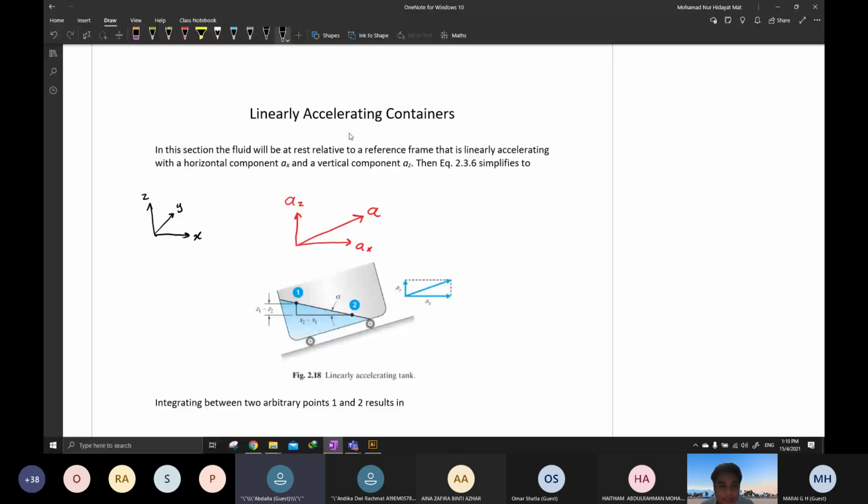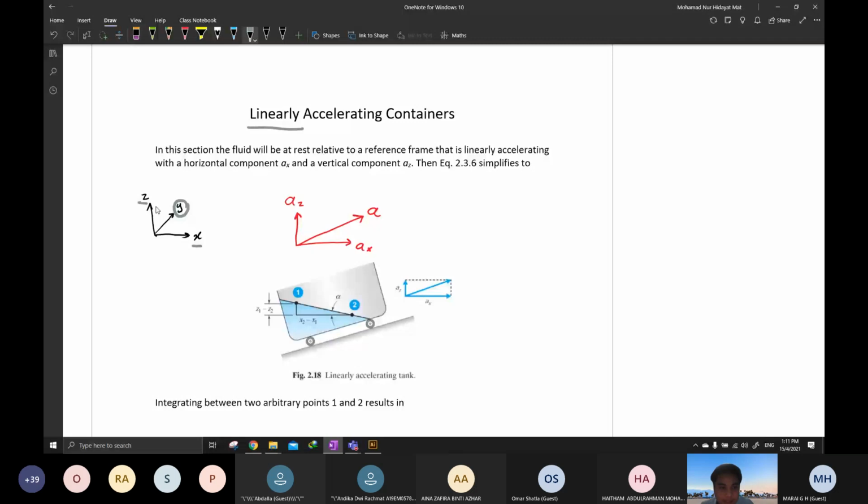Can you see this is the Y axis? Do you think the Y axis is involved in the acceleration or any kind of motion? No, right? Because this container is in this kind of motion. There is no sideways motion. It is straight, linear motion. So for this case, we only consider the X component and Z component.